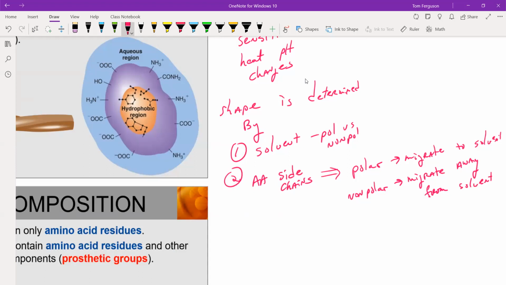So if we have a polar solvent, usually water, the amino acids with ionic, acidic, basic, and neutral polar side chains will all migrate outward towards the water, and the neutral non-polar side chains will migrate inward, and that will create the shape.